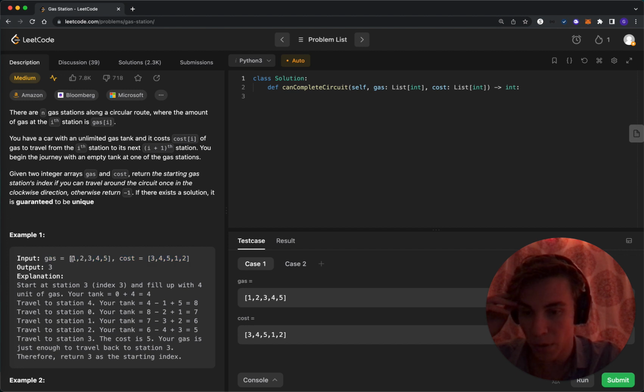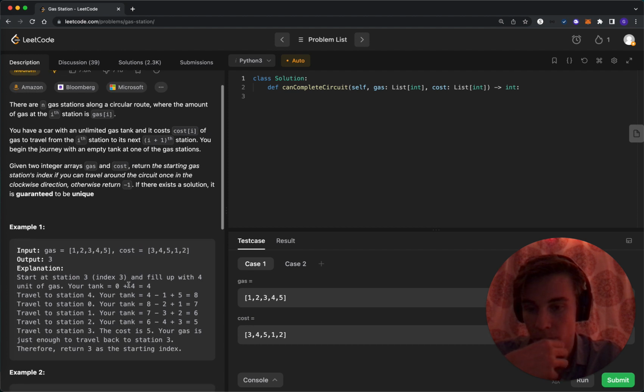So for example, here it'd be like 1 minus 3, 2 minus 4, 3 minus 5, 4 minus 1, 5 minus 2: -2, -2, -2, 3, 3. And then I would have to start at 3, which is what it's saying here.